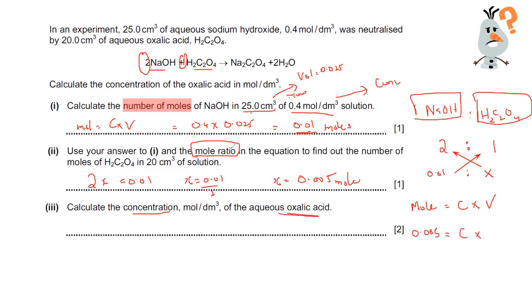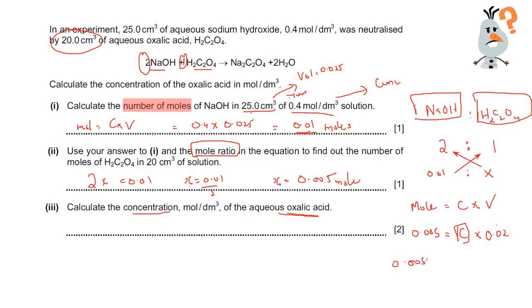Concentration is what we are finding. And what is the volume of oxalic acid? It is 20 cm cube. 20 cm cube should be in decimeter cube, so divide by 1000. It will be 0.02 decimeter cube. We need the concentration. If volume is multiplied on one side, on the other side it will divide.